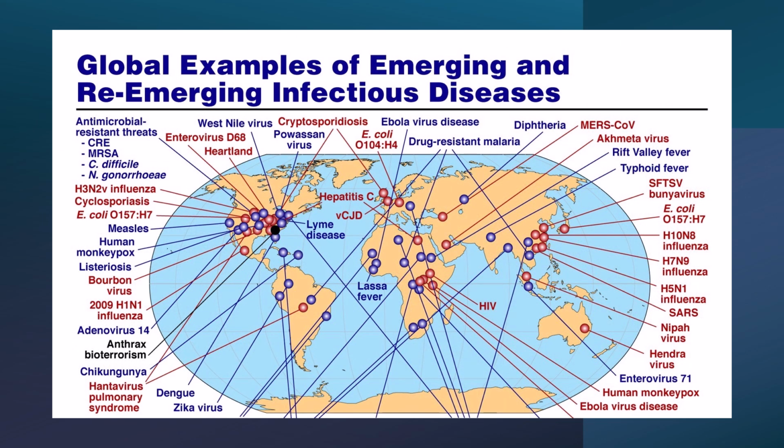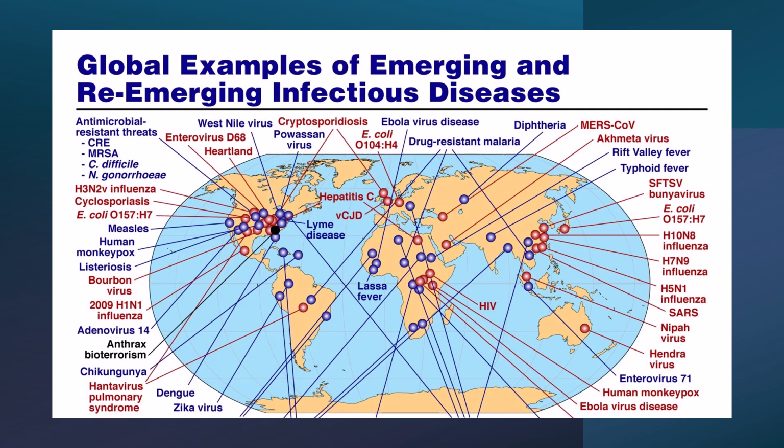Let us have a look at the global examples of emerging and re-emerging infectious diseases. As you can see, the entire globe is dotted with infections which have either newly emerged or have re-emerged. When Anthony Fauci became the director of NIAID, he drew a map of the world for emerging infectious disease threats.